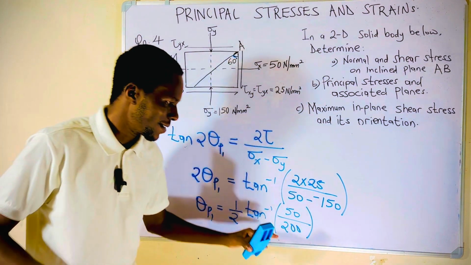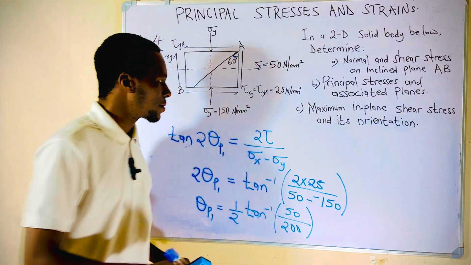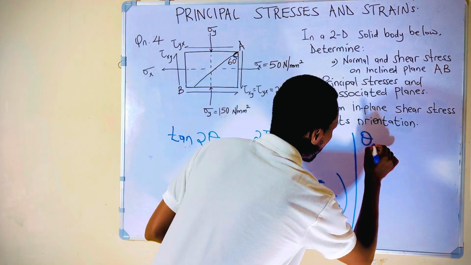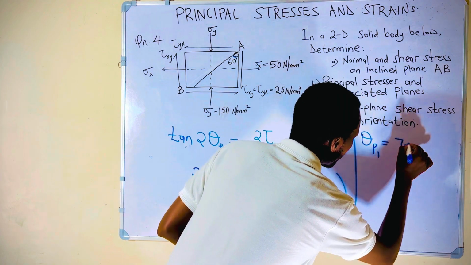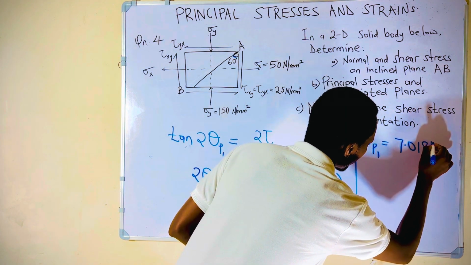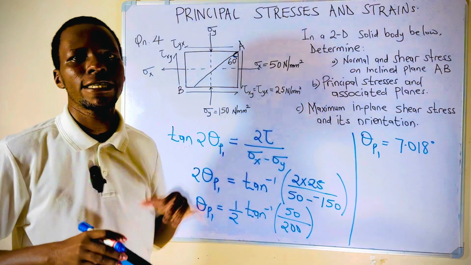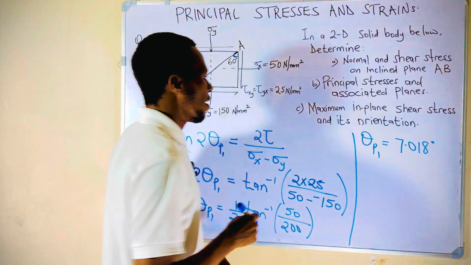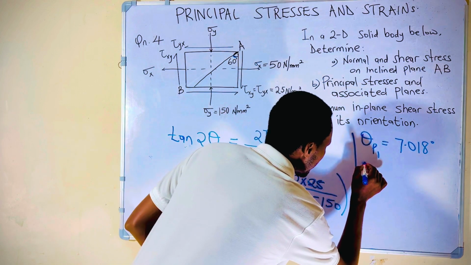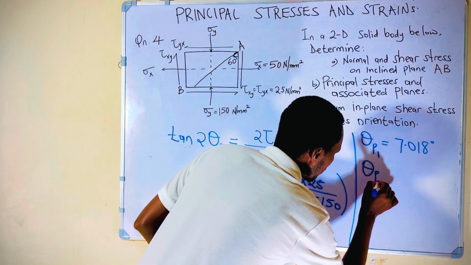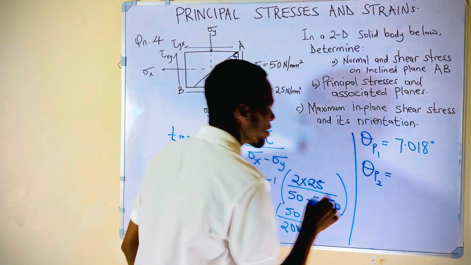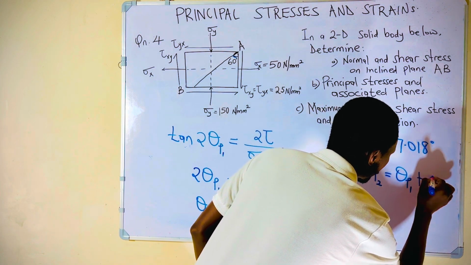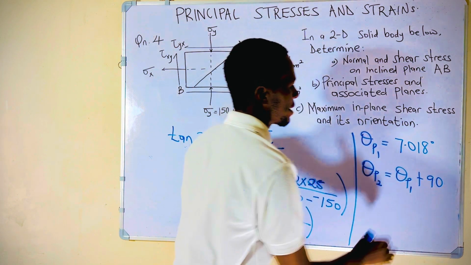Yes. So this is what we have. Now you're supposed to get the value of theta P1. Theta P1 is 7.018. This is in terms of degrees. Now, there is one expression that I told you previously: if I want to get theta P2, it's just a matter of considering theta P1 plus 90 degrees.